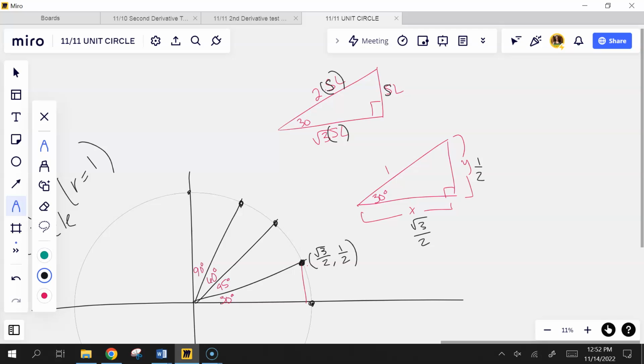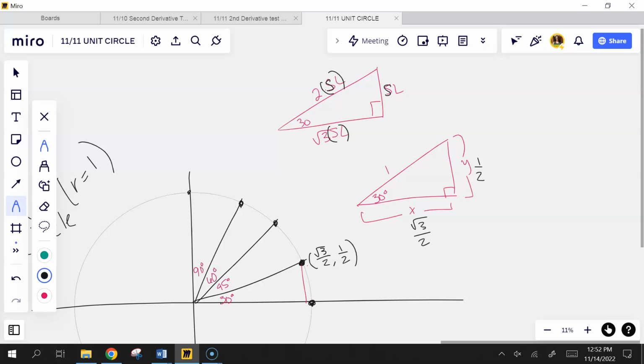I didn't put this one on here, but what are the coordinates here? I guess I could go ahead and save us some time. It's not 0, 0.